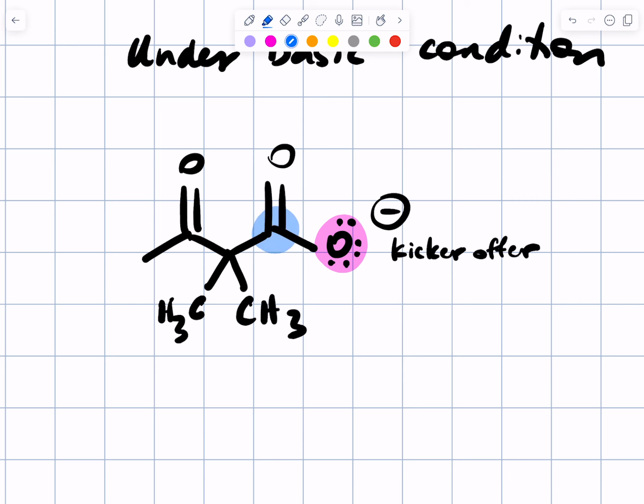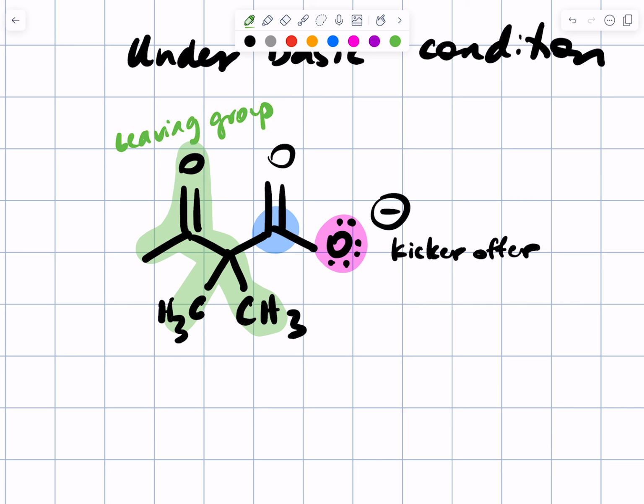The carbonyl carbon here is much the same as the central carbon in a tetrahedral intermediate. And then I'm going to argue that all of this is a leaving group.